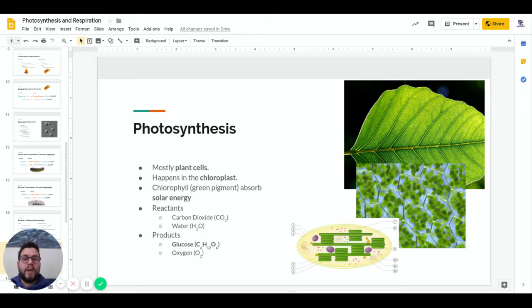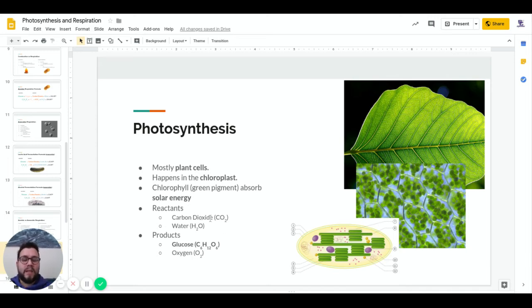Now, if you can make your own glucose, then you don't have to eat that glucose, and you can make the ATP from the glucose that you've already made. So this is what plants do. Plants have chloroplast organelles that have lots of chlorophyll. Chlorophyll is a green pigment protein that helps them absorb solar energy.